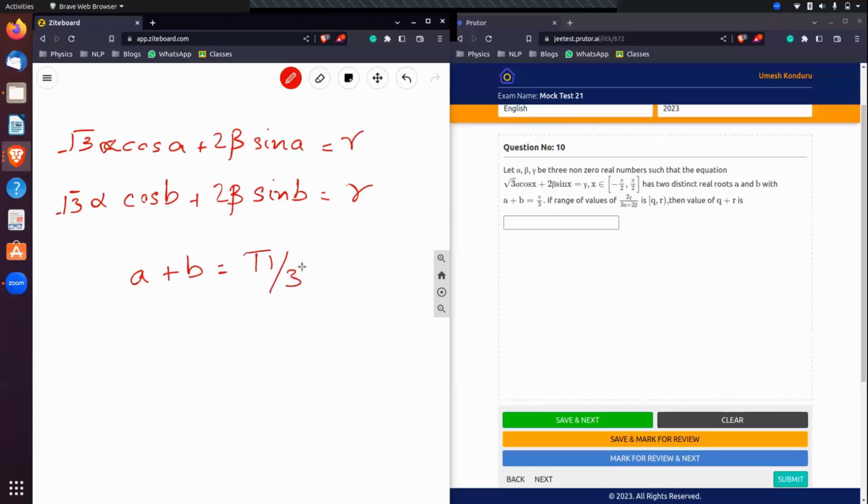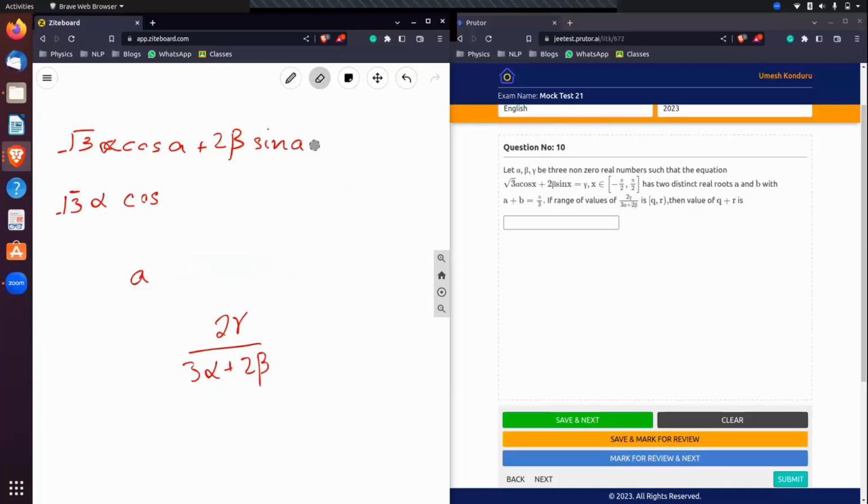Okay. So let me just have a think over this. You just want the range of values of gamma. Yeah, I can't really think of any promising way to proceed off the top of my head. So I'm going to let go of this for now and also mark this for review.